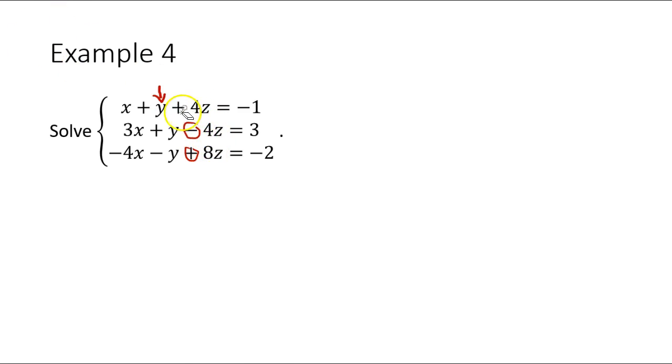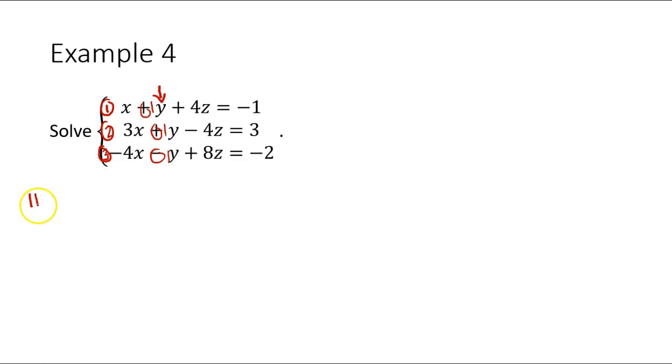And I noticed that if I decide to eliminate the y's for the same reason, because I know that I have an opposite sign down here from the other two, the coefficients in front of these y's are all 1. And that's going to be a whole lot easier to eliminate. And I probably am going to get to skip one step of the multiplication there. All right, this is equation 1. This is equation 2. This one's equation 3.